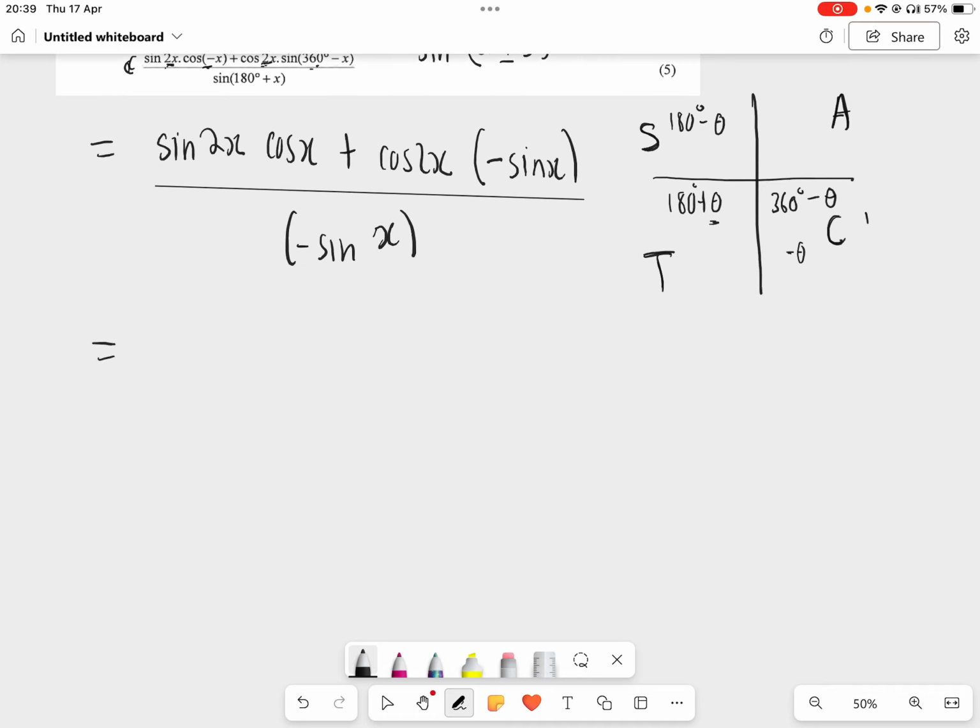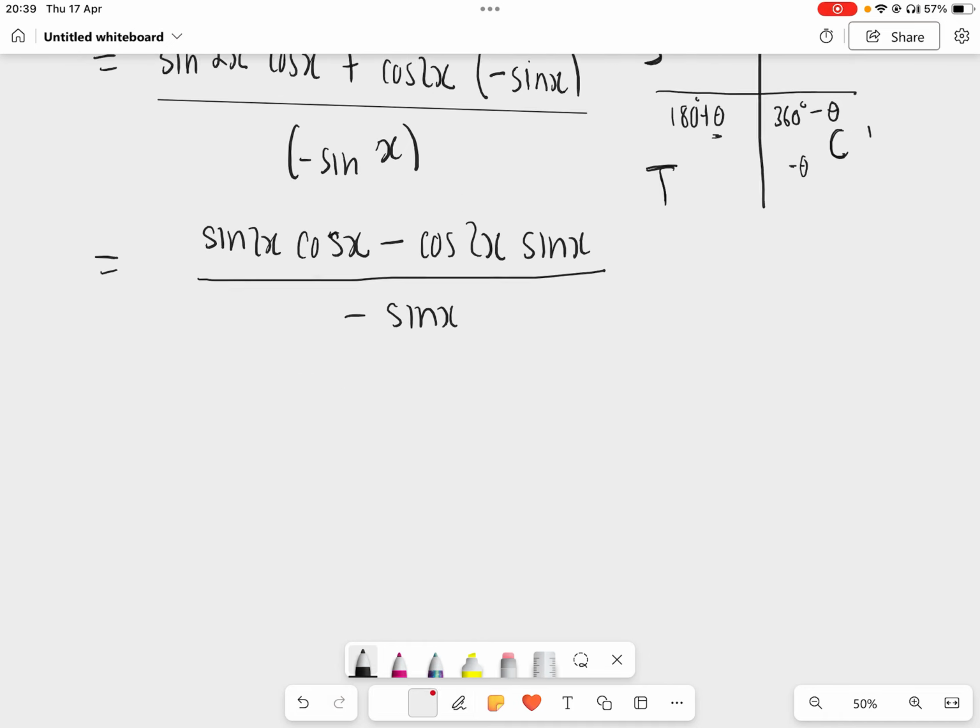So if we simplify this further, you're going to get sine of 2x cos of x, and then you can transfer the negative sign here, cos of 2x and sine x, all over negative sine of x.